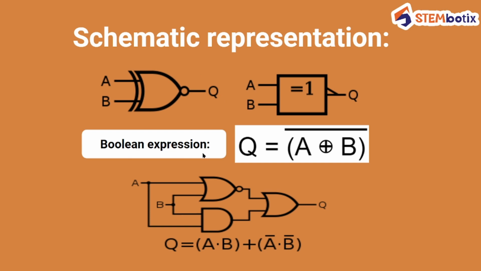Now the Boolean expression for the XNOR gate is output Q or Y equals A XOR B and its inverse, so the inverse of A XOR B.